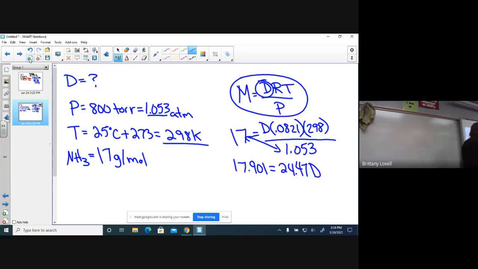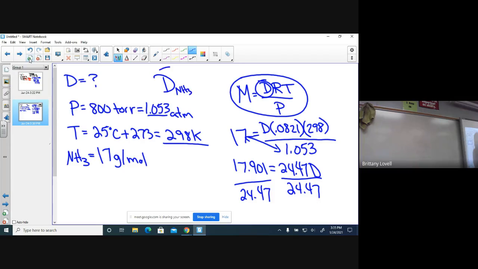And then what do we do? We solve for D. We solve for density. So I'm going to divide both sides by 24.47. I'm going to take 17.901 divided by 24.47.